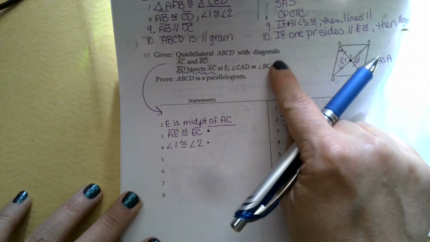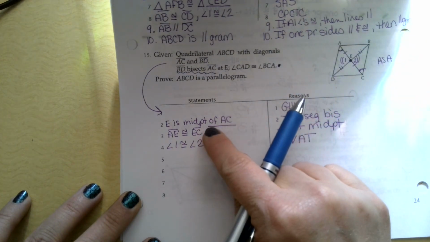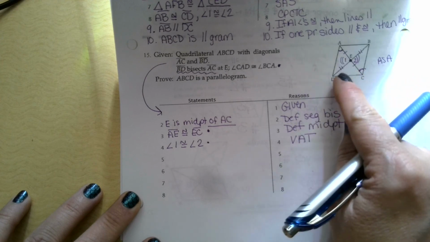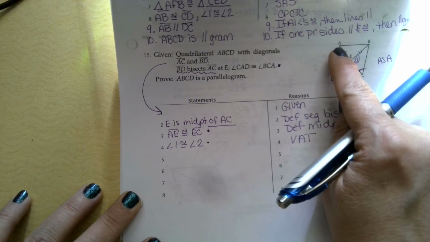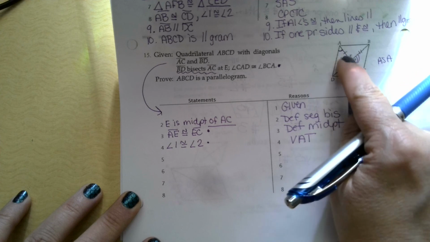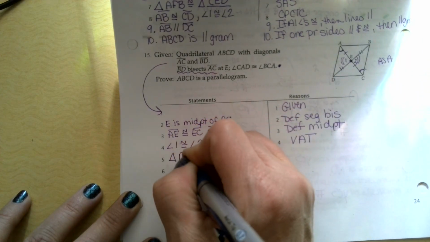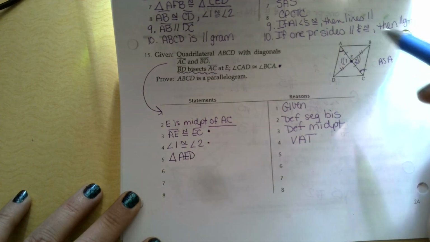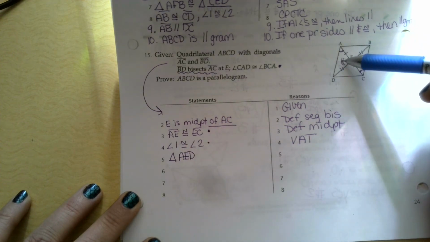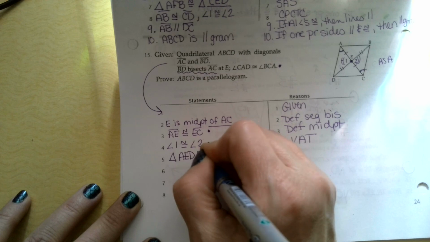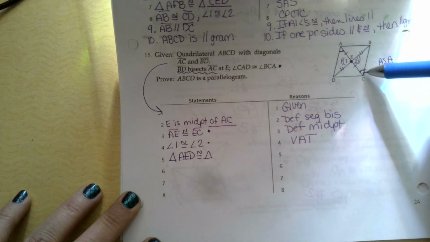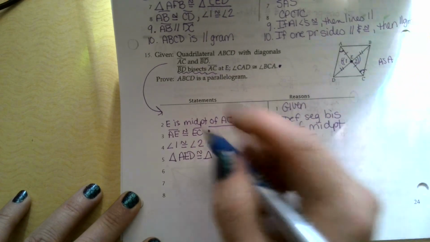Okay, so I've got my angle, angle, side. Is it angle, angle? No, angle, side, angle. Okay, so my triangles, AED. AED is this one. So then that is going to correspond. A corresponds with C, so it's going to be CBE.